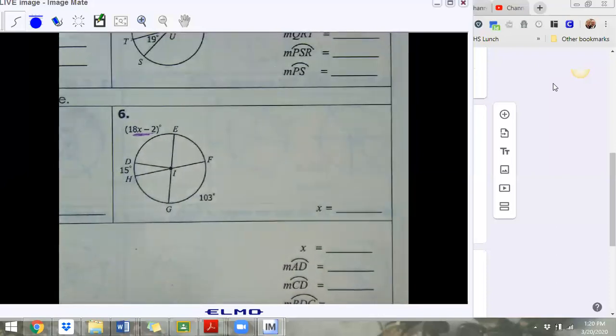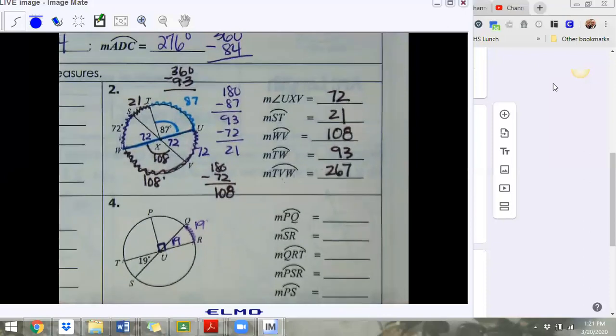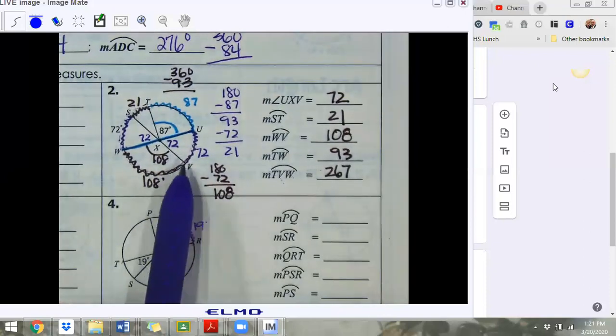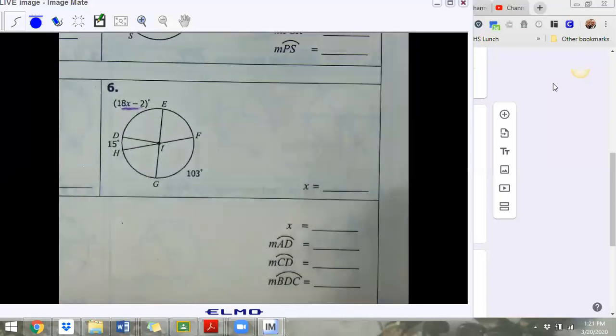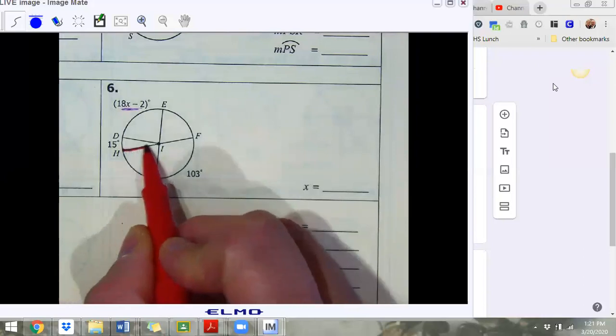What's the next thing? What angles do you have? Okay, can you give me an example? Angle 103 and angle 15. Okay. What else? What was the first thing that I pointed out on this one? Your diameter. Yep, diameter is going to be a really important piece. First thing I notice is I have at least one diameter there.